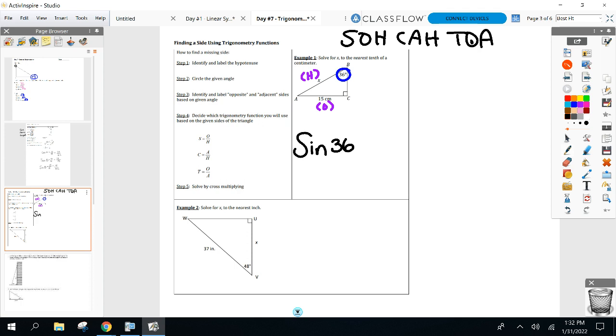It's not a letter anymore, I actually know the degree measure. That ratio, sine of 36, is equal to opposite over hypotenuse. What's the opposite side? 15 over the hypotenuse, which we labeled.